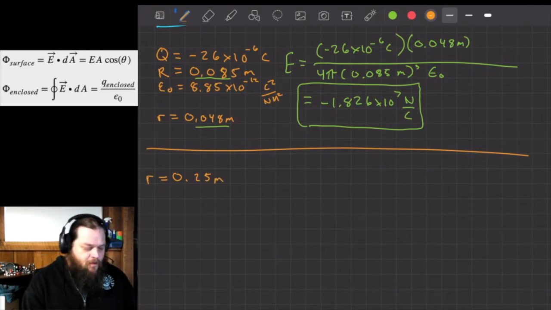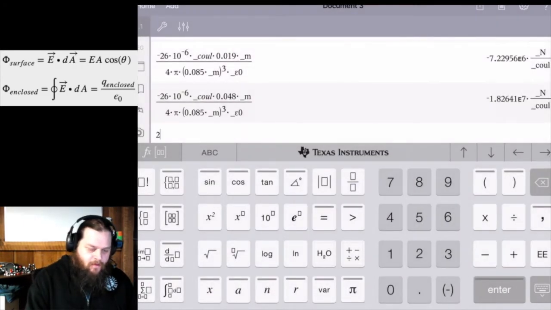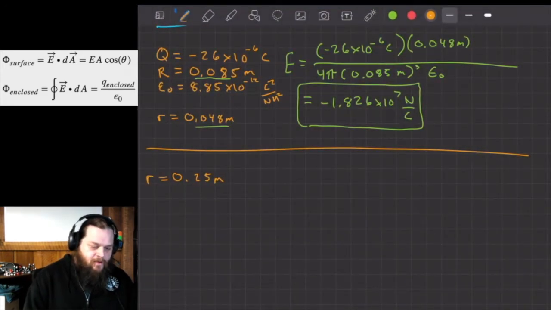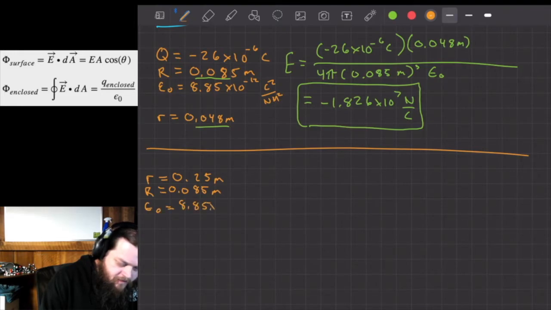My brain's not working for that, right? I can never convert. Make sure I'm getting the right answer. Yeah, 0.25 meters. Good. So still, the radius of the sphere is 0.085 meters. Epsilon naught never changes at 8.85 times 10 to the negative 12 Coulomb squared per Newton meter squared.